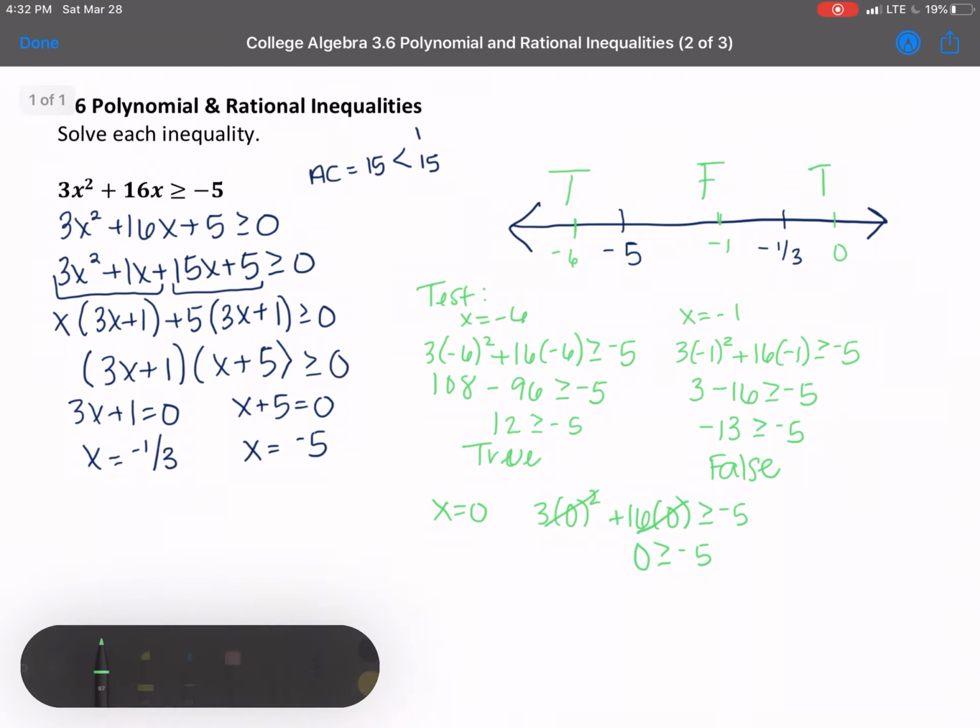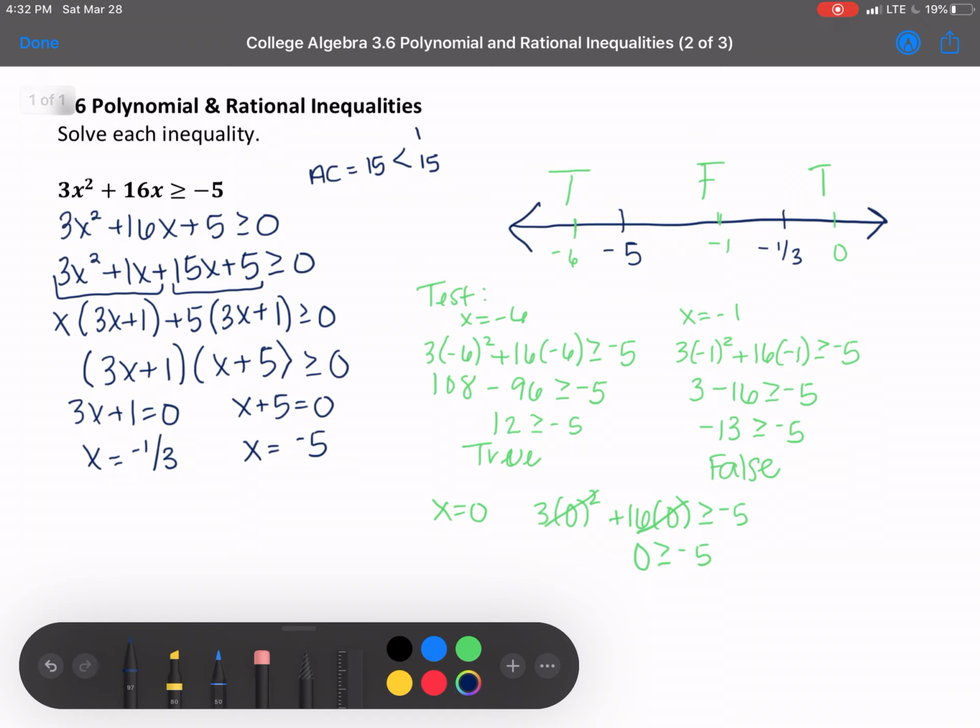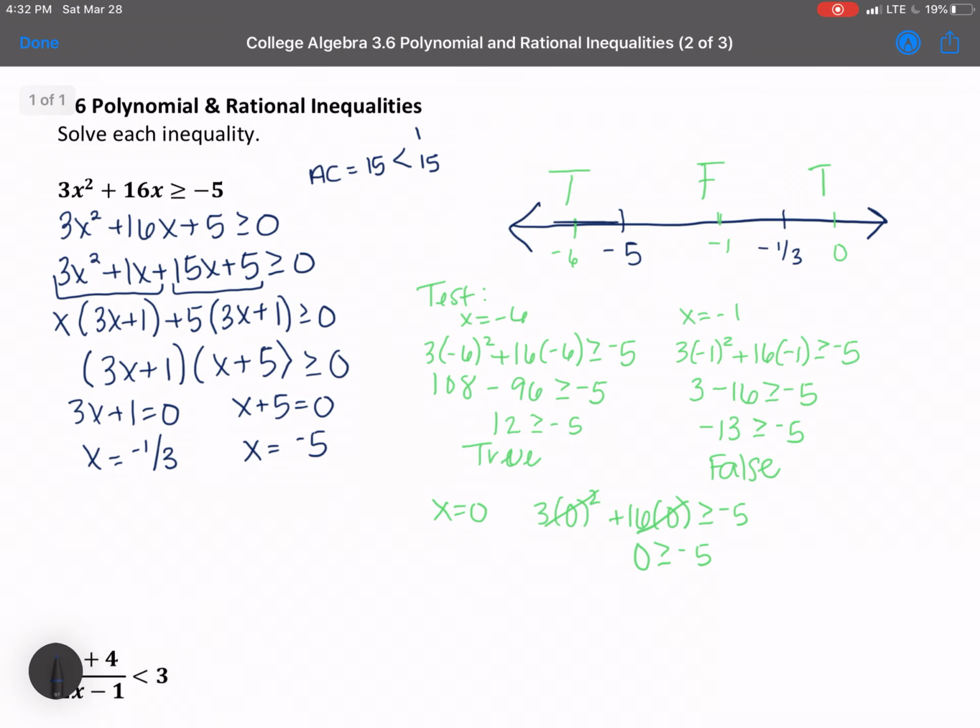So if we wanted to shade in where our solutions are, they would be anywhere where this true statement is. Then we need to decide, do we have parentheses or brackets? Remember, we're going to come back and look at our original inequality, and since it has that equal to sign, that means we're going to have brackets.